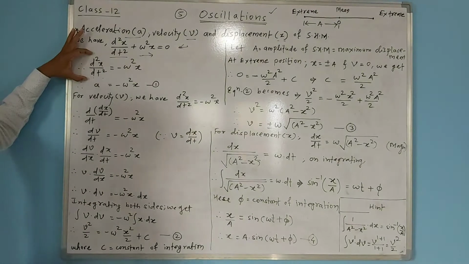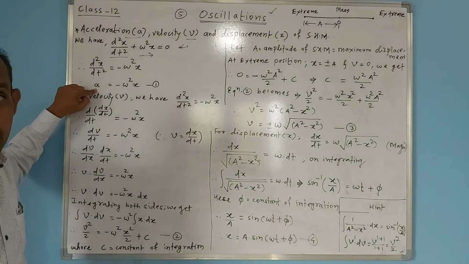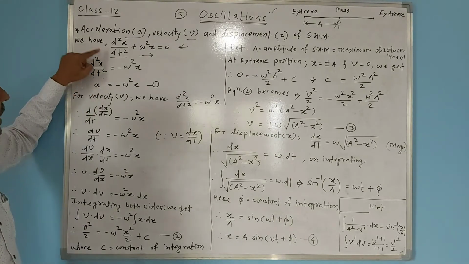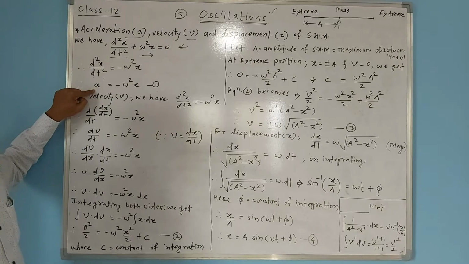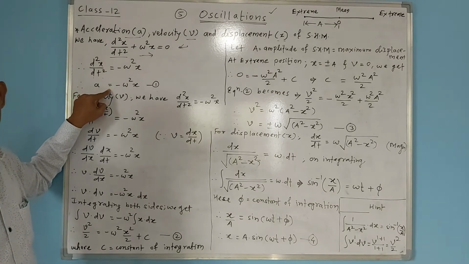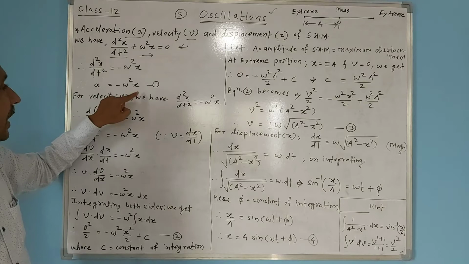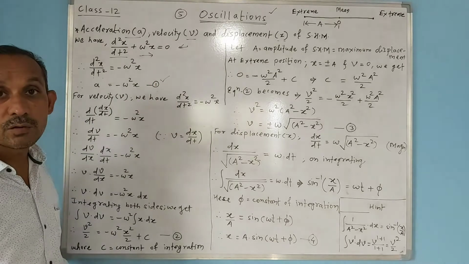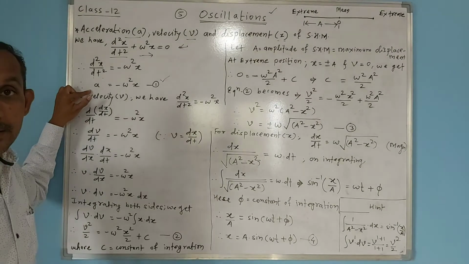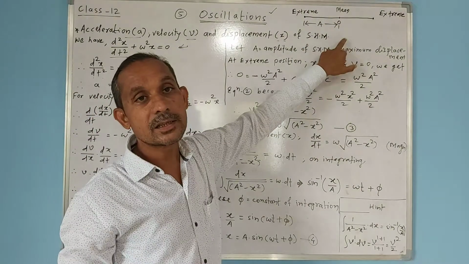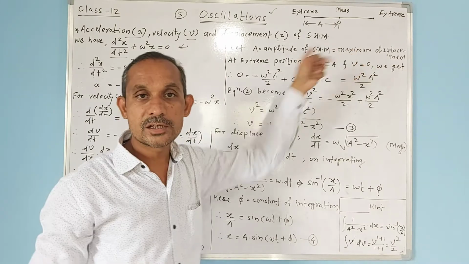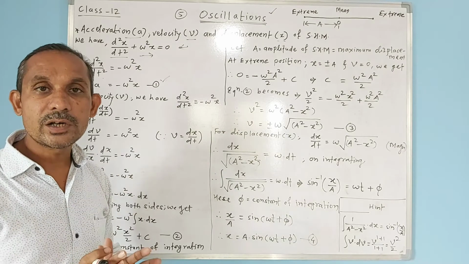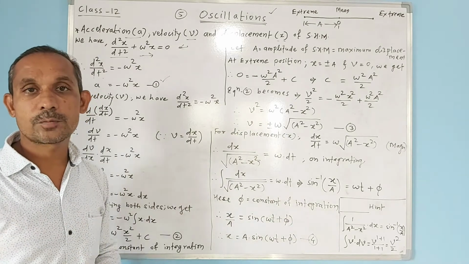So d2x by dt square is nothing but the acceleration of the particle, and it is always equal to minus omega square x. So this is the first equation, equation 1, which gives the expression for the acceleration of the particle in simple harmonic motion.